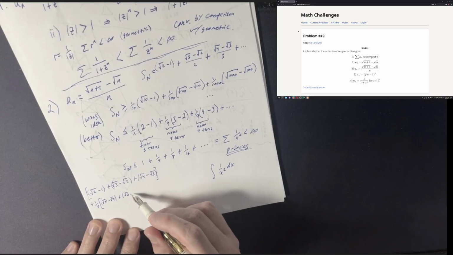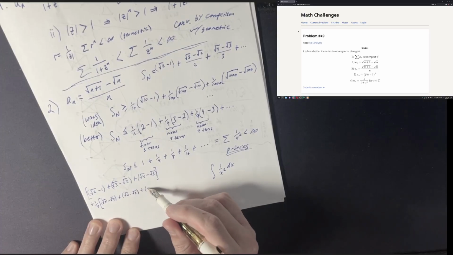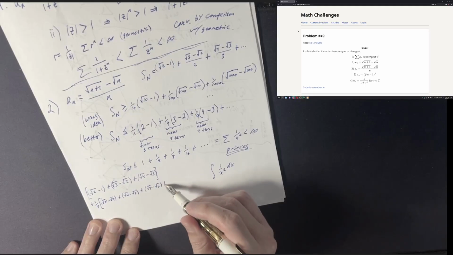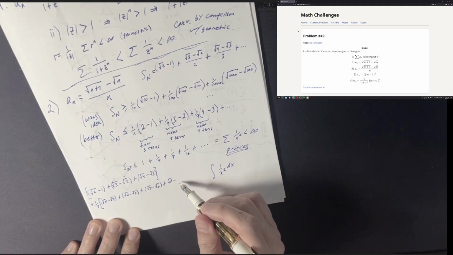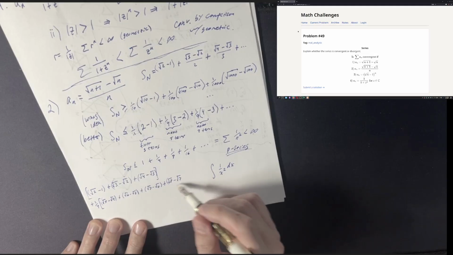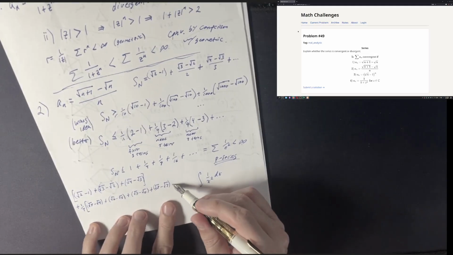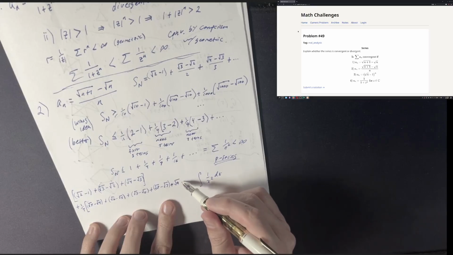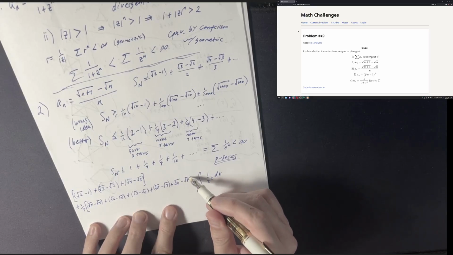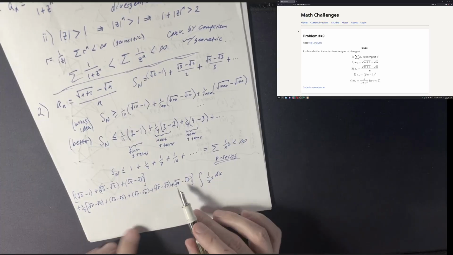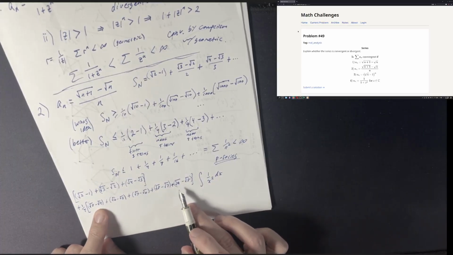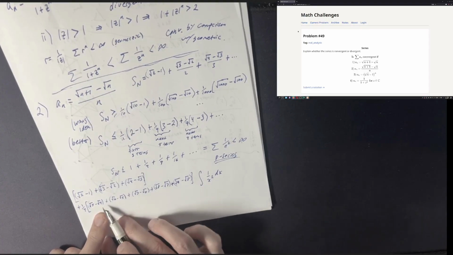Root 6 minus root 5, root 7 minus root 6, root 8 minus root 7, okay? And then the 5th term that I'm including, the last one I'm including, is root 9 minus root 8. So that's why everything cancels except for root 3 and root 4. So you're left with 3 minus 2.